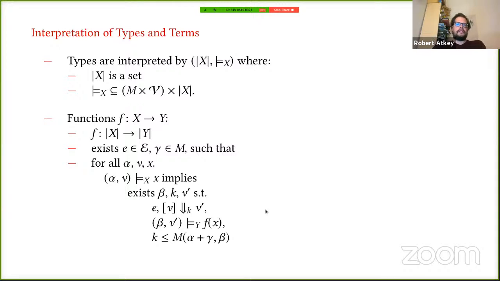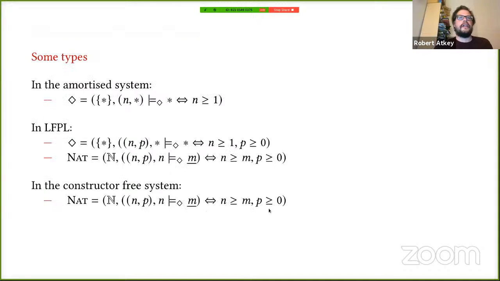And this is my second last slide, just to give you an idea of how this works. So in the amortized system, diamonds, we pay for them by saying we must have at least as many things in our resource monoid to pay for the diamond. So we must have greater than or equal to one resource to pay for having a diamond. In LFPL, we have the same thing, except we also have this polynomial, which must be greater than 0.